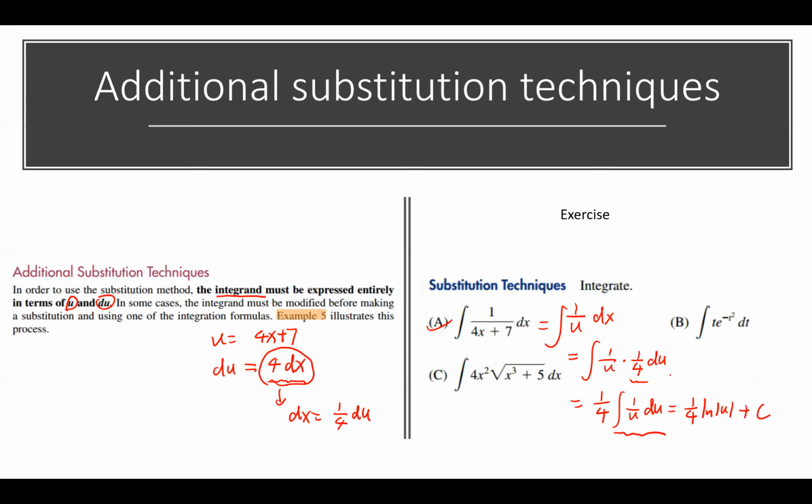To see why this is the case, we can plug back in and take the derivative, and see it's actually equal to 1 over u, provided that u is positive. That's why we have the modulus here. And at this stage, we can just plug in the definition of u. So it's going to be ln of 4x plus 7, plus c.